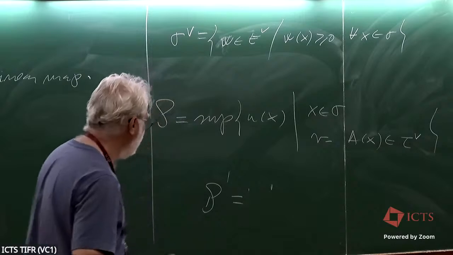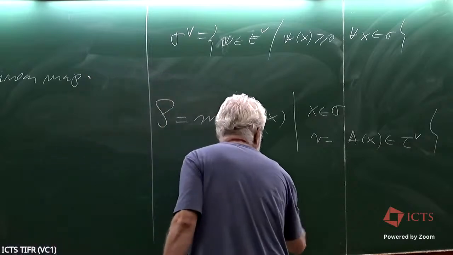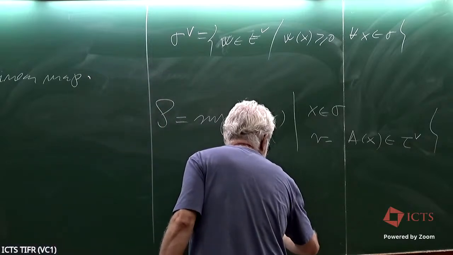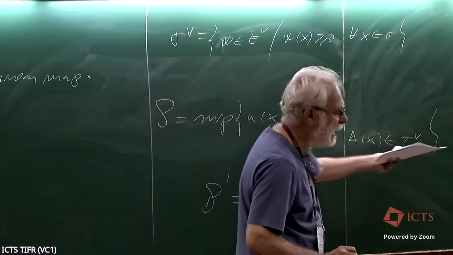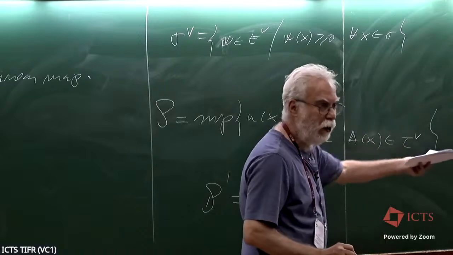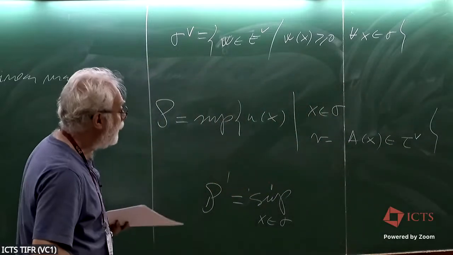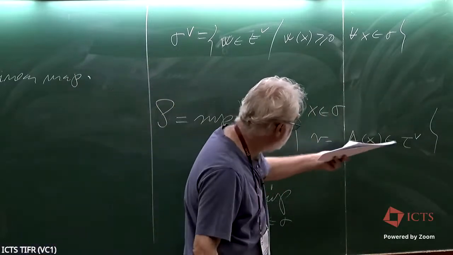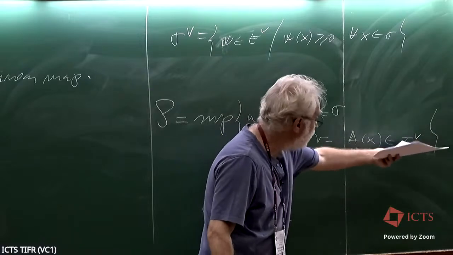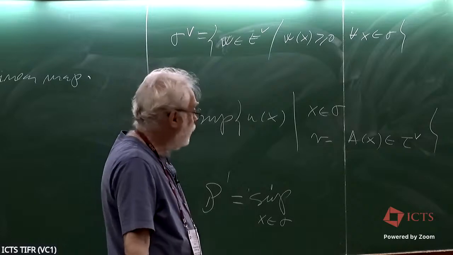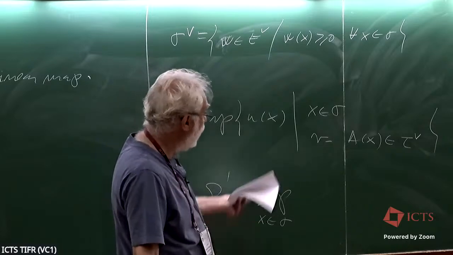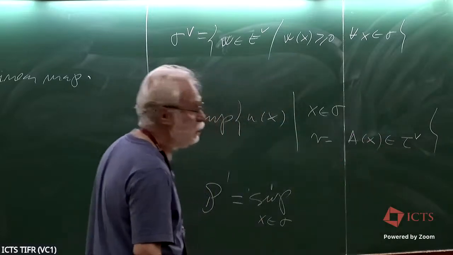to be the following problem: the supremum for all X inside sigma. And now I add a variable for each restriction. But observe that since my restrictions are that B minus AX belongs to tau dual, the easy way to get multipliers for these restrictions is to take elements in tau.